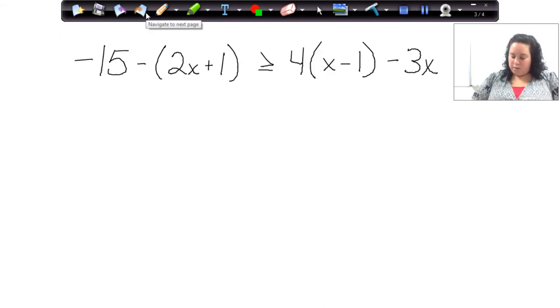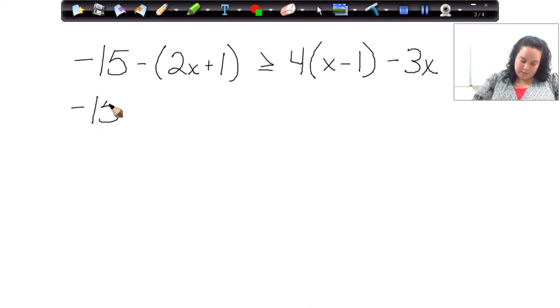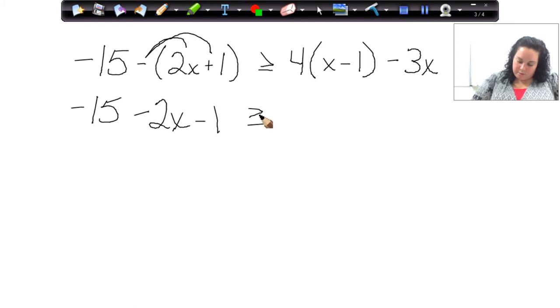All right, great. Let's look at this one. Similar to a normal equation, let's first distribute the negative. Don't forget to distribute. Negative 2x minus 1, and then we have greater than or equal to, distribute the 4x minus 4 minus 3x.